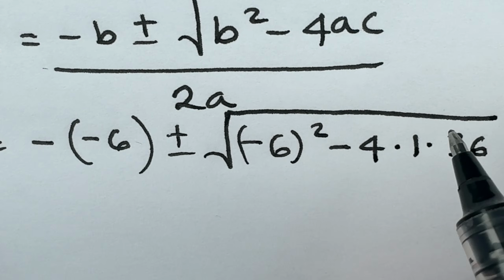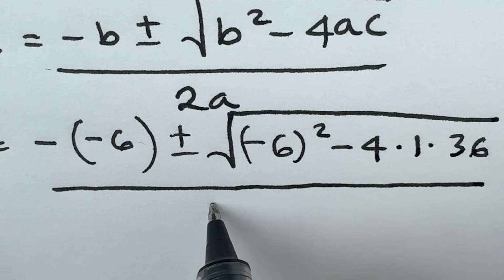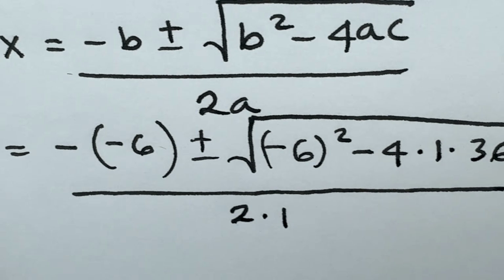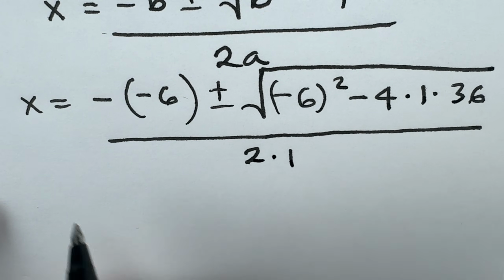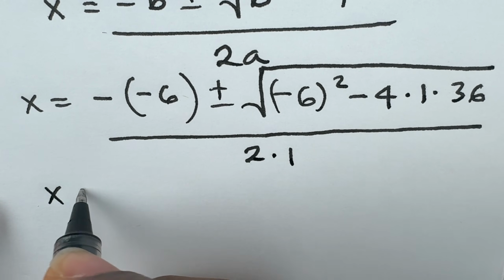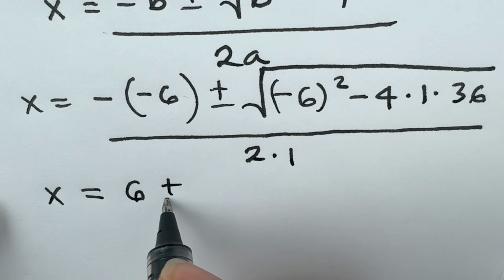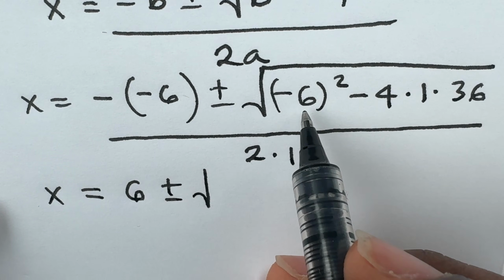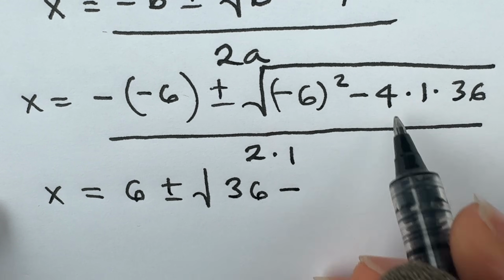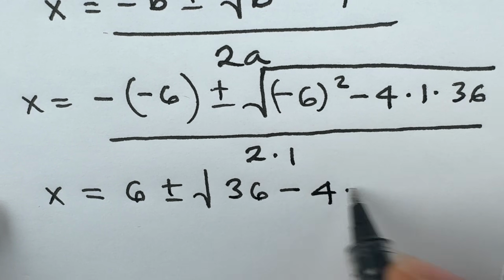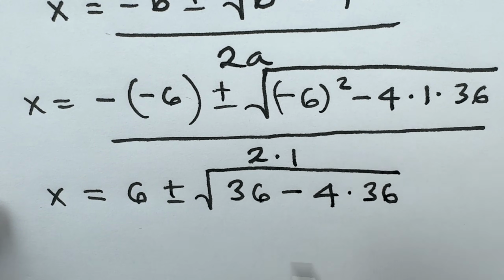Then all of this divided by 2a. a is 1, so this is 2 times 1. Then we simplify further to give us x is equal to minus times minus is plus, so we have 6 plus or minus the square root of minus 6 squared here is 36. Then minus 4 times 36. I'll leave this as 4 times 36. Then divided by 2.